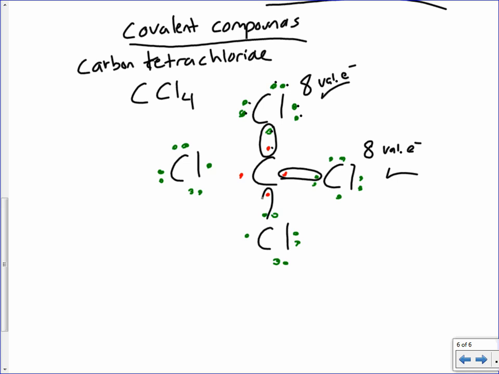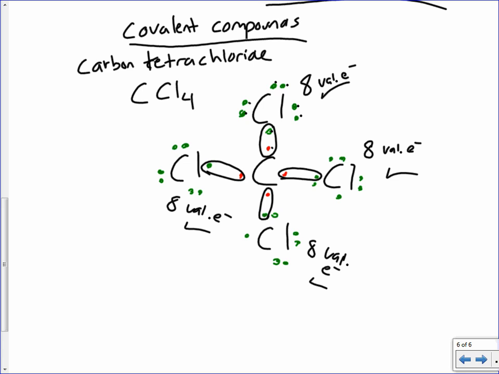So you can probably guess what else is going to happen now. This bond is going to happen for all 4 chlorines. And to check your work, all you got to do is count the valence electrons. If they don't have 8, they're not done bonding, or you've done a bond wrong. If they do have 8, then they're good. So all 4 chlorines are good.